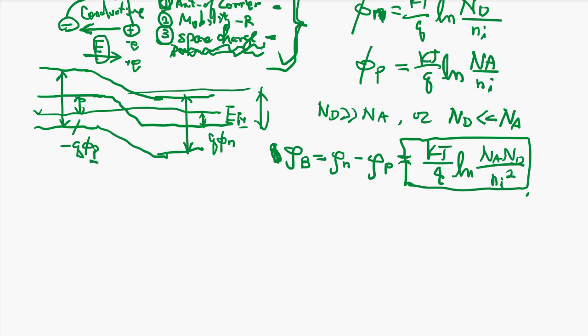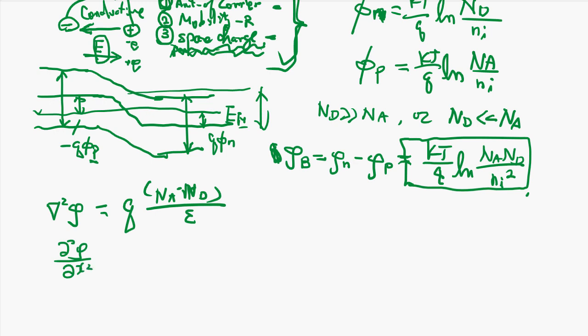So for this space charge, we have to solve another equation we showed in the previous video, this Poisson's equation. Okay. So this simplifies to one-dimensional. Okay, and simplify further.